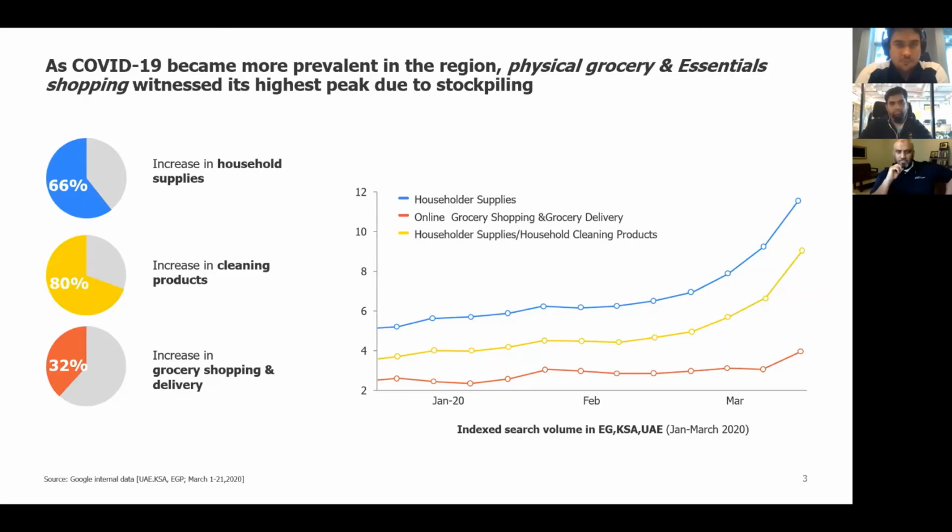For example, all the Danube groceries or Carrefour groceries, Lulu supermarket, these players were allowed to stay open. Even us as consumers were allowed to walk up to a grocery store, but maybe not walk up to a fashion store or buy some beauty products. So household, for that reason, would tend to get a lot more traction online. Can we move to the next one, please?